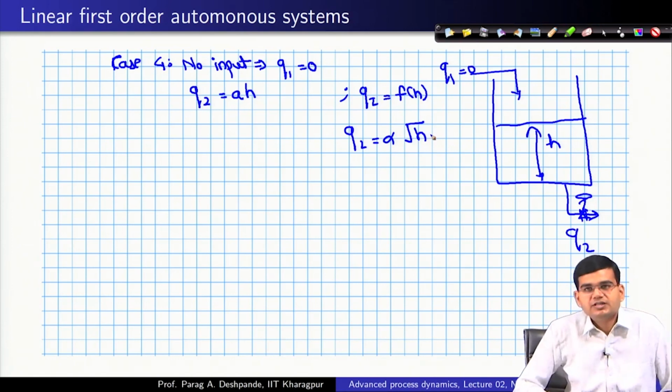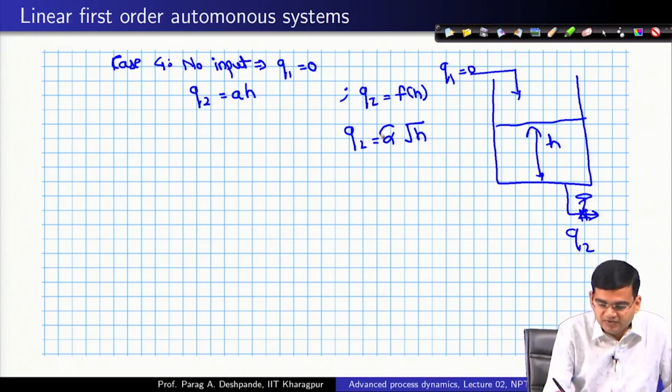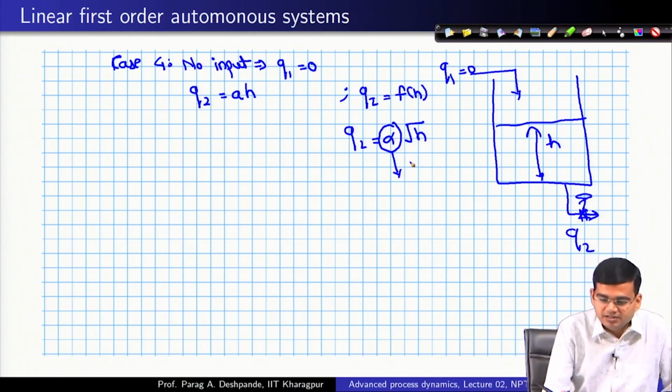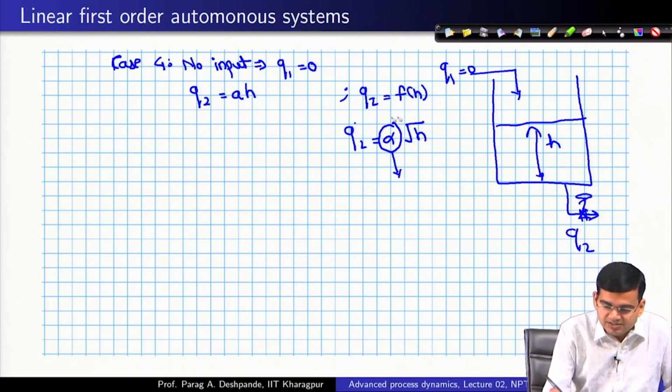So, the dependence goes as square root, where alpha will depend upon the valve, upon the characteristics of the pipe, the discharge coefficient, the area of cross section of the pipe and so on, but the dependence on h goes as root over h.